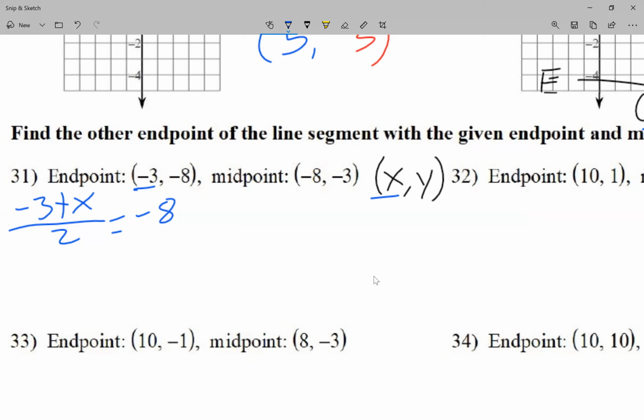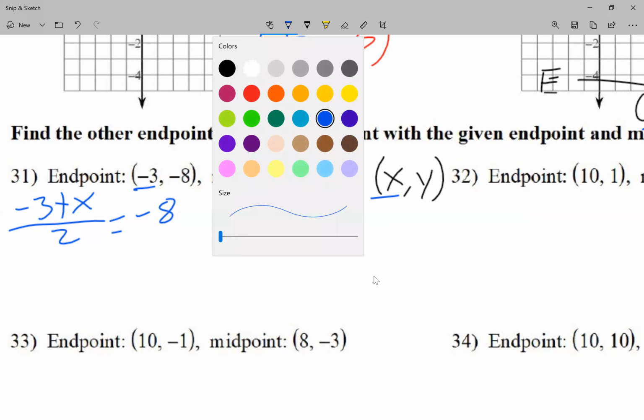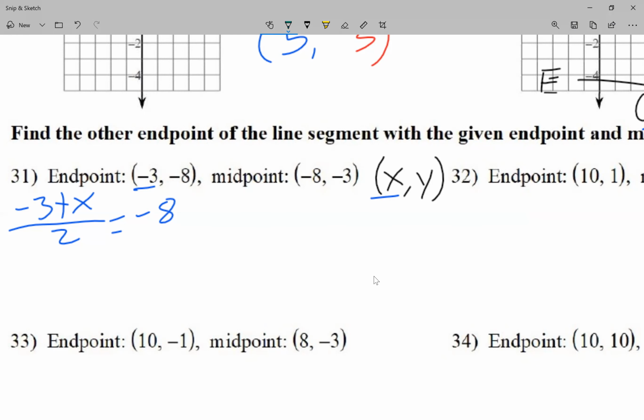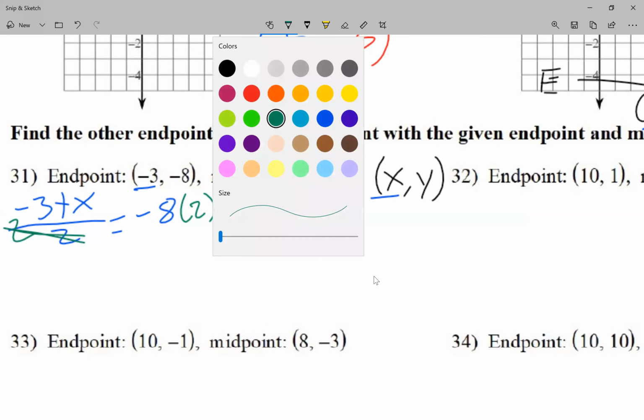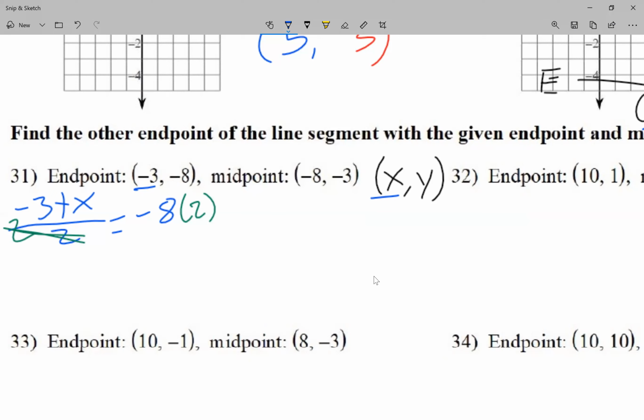I don't want to have fractions, so let me multiply both sides by 2, because that way these 2's cancel out. So I get that negative 3 plus x is equal to negative 16, since negative 8 times 2 is negative 16.